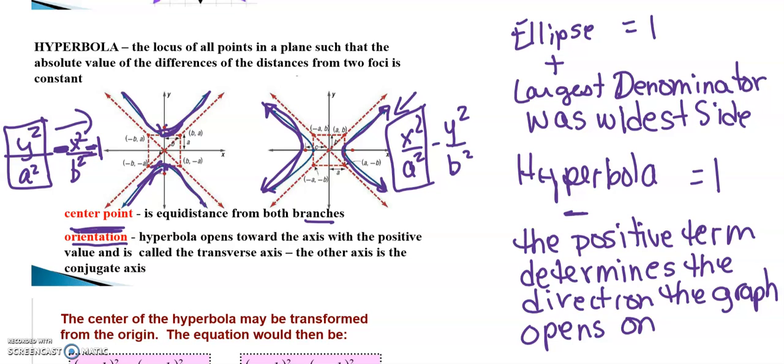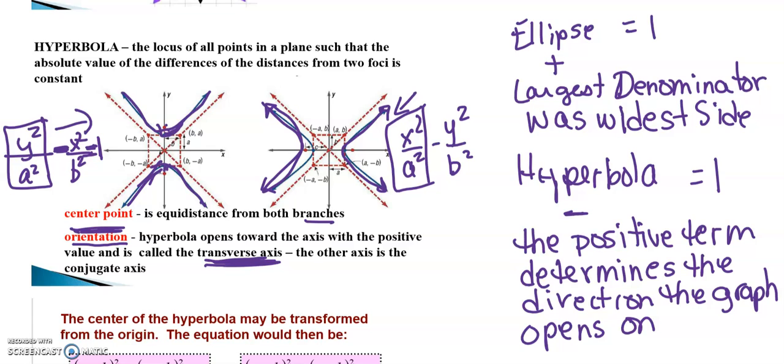Okay, this particular axis is called the transverse axis. This is where the graph is facing. The other axis is called the conjugate axis. You aren't usually asked about that. In AP Calc you may be asked about it later, but you're never asked about the conjugate very much in pre-calculus.